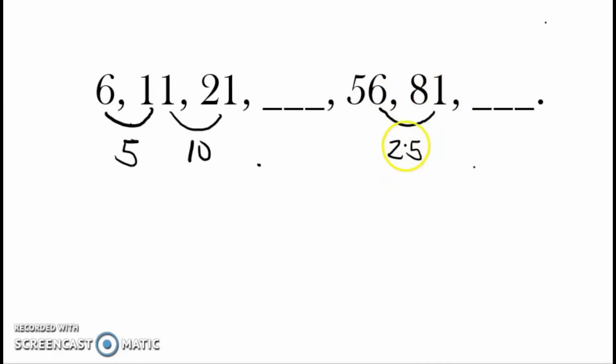Tama. 25. So parang may pattern na agad, di ba? 5, 10. Tingin nyo, no? So meaning, siguro dito, wala. Question mark, di ba? And then ito, that is another question mark. Ilan kaya difference ng 56 sa yung number dito, and then yung number dito, minus 21.